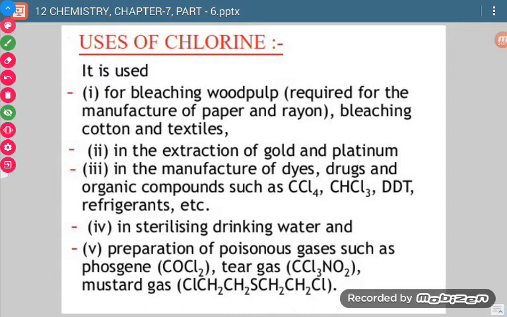It is used in sterilizing drinking water; in order to kill all the bacteria we can use chlorine. Some poisonous gases are also produced by the action of chlorine, like phosgene, tear gas or mustard gas.